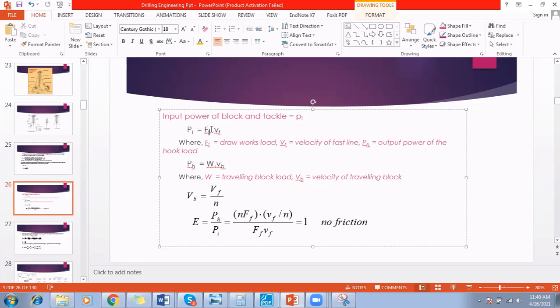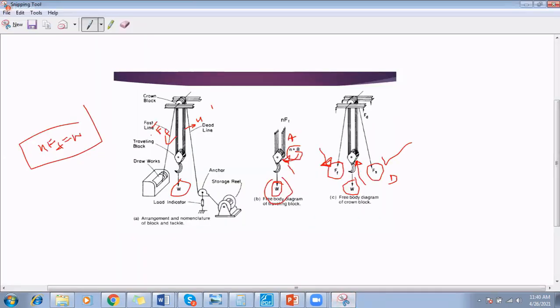Now what is FF? FF is actually the tension on the fast line. And it is also called the draw work load. Why is this called the draw work load? You can see that this is the tension on the fast line, and the direction of this tension is downward, and this line is attached with the draw work.